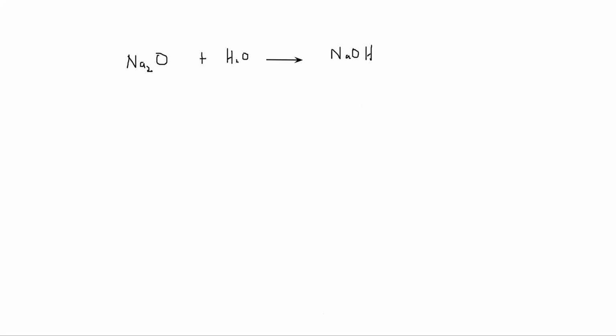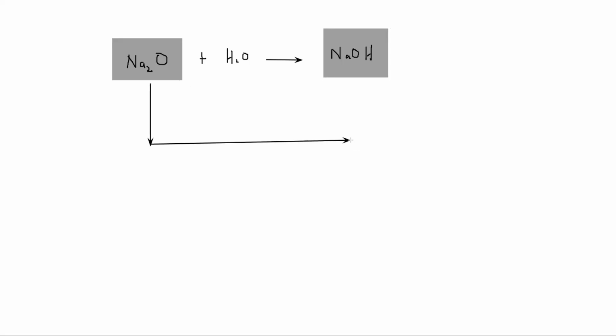So sodium oxide, you mix in water and it becomes sodium hydroxide. I did not balance the equation because I'm just explaining the idea. If a question asks whether this sodium oxide is an acid or a base, you have to apply a definition. So it is sodium oxide, then it becomes sodium hydroxide. First there was no hydrogen, then there is hydrogen inside. So what happened? Did it accept hydrogen or donate hydrogen?